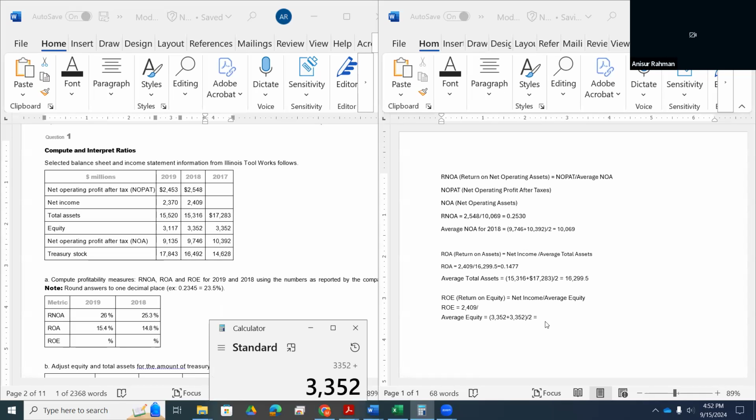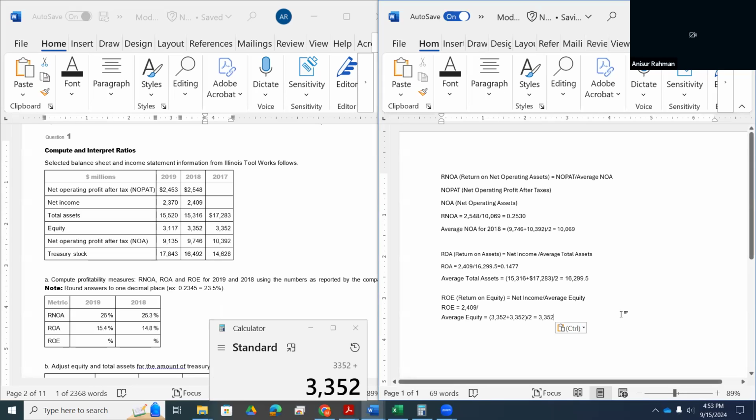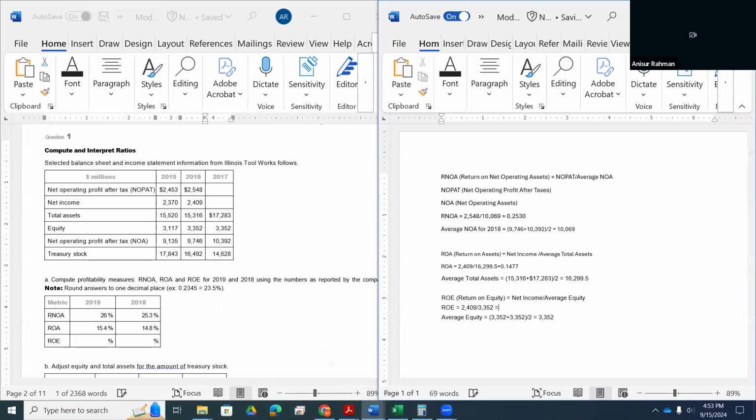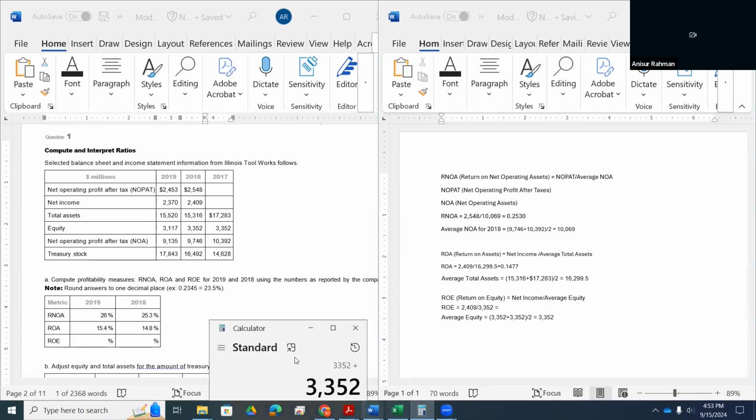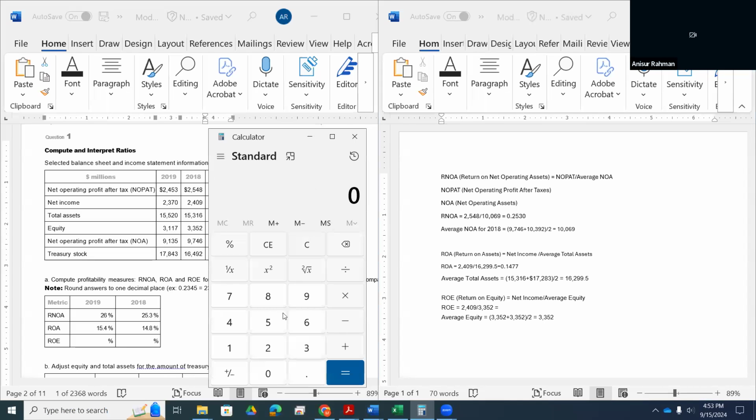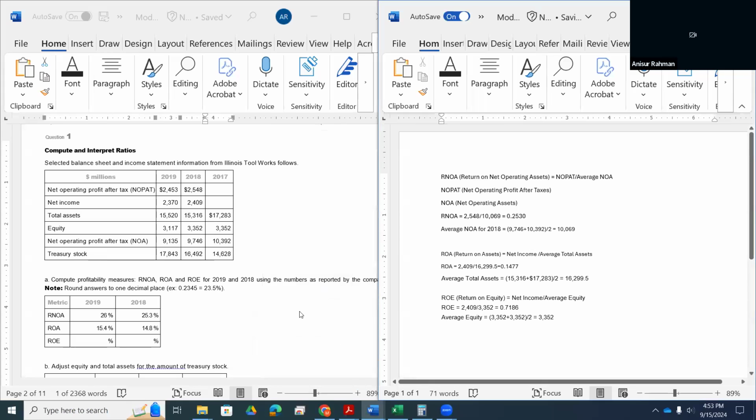So we have the same numbers, so the average will be the same actually. We don't need to do the average calculation. So with 1 decimal place, it will be 71.9%.